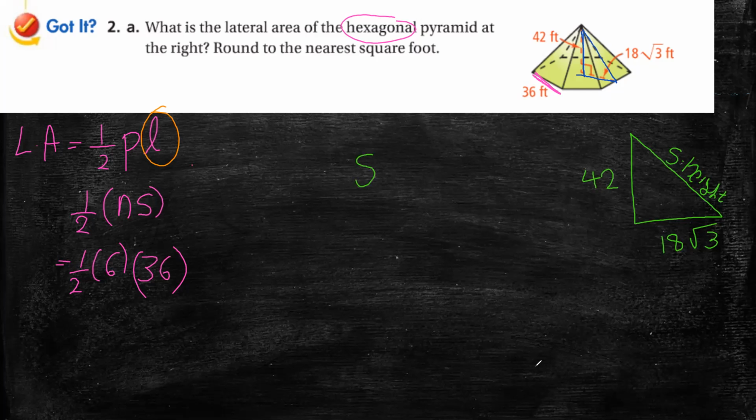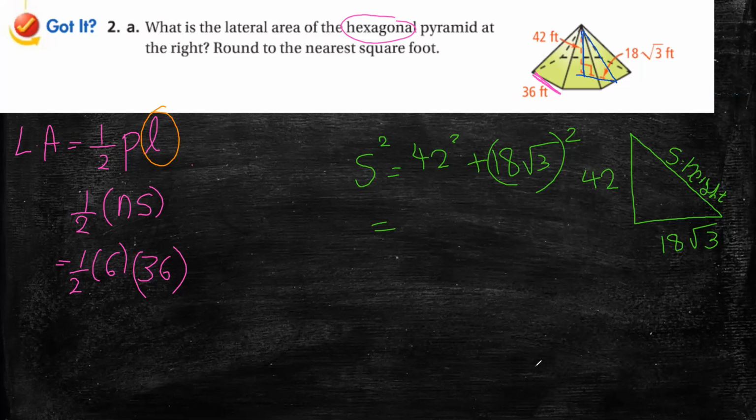So the slant height squared is 42 squared plus 18 square root of 3 squared. Now, 42 squared plus 18 square root of 3 squared is 2736.